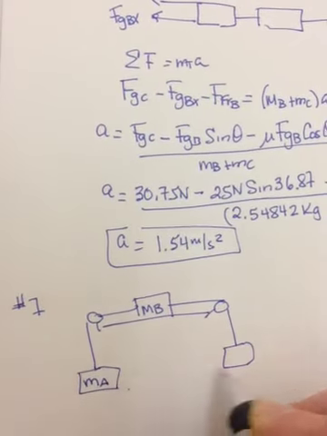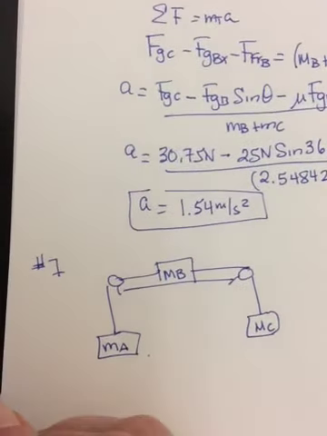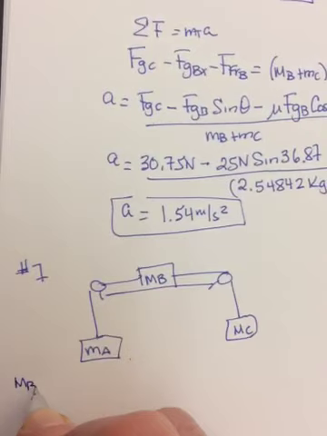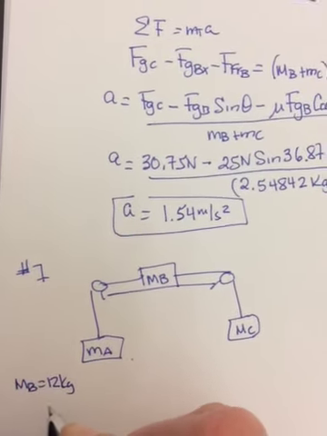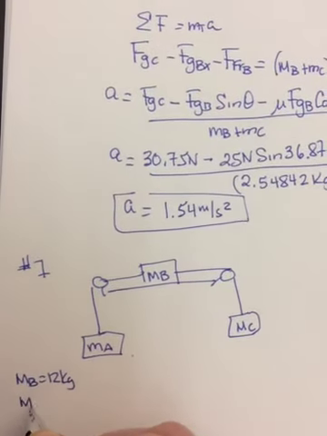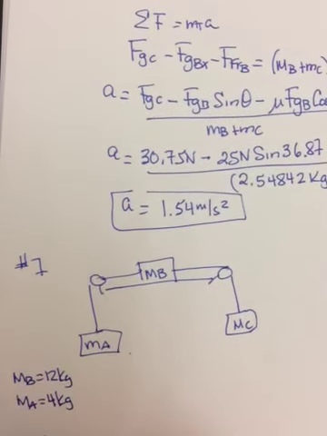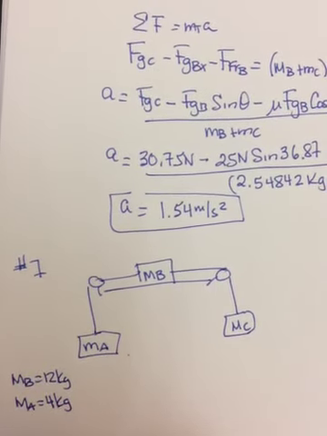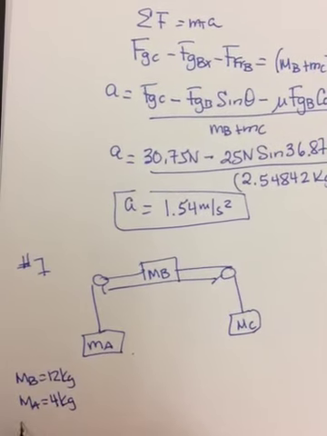My money's on this is MA and this is MC. So MB is 12 kilograms. A mass A of 4 kilograms is hanging over the left-hand side. 4 kilograms. Mass C hangs off the right over a second pulley. The coefficient of friction is 0.25.